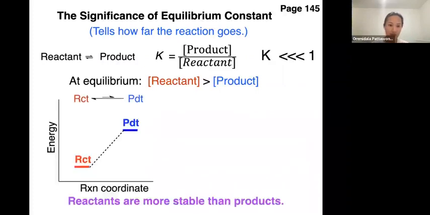If you think about it in terms of the reaction coordinate diagram, it tells us that the reactant is actually more stable than the product. Therefore, the reactant that is already stable doesn't want to convert to product. So that's why you are going to end up with more concentration of the reactant than the product at equilibrium.